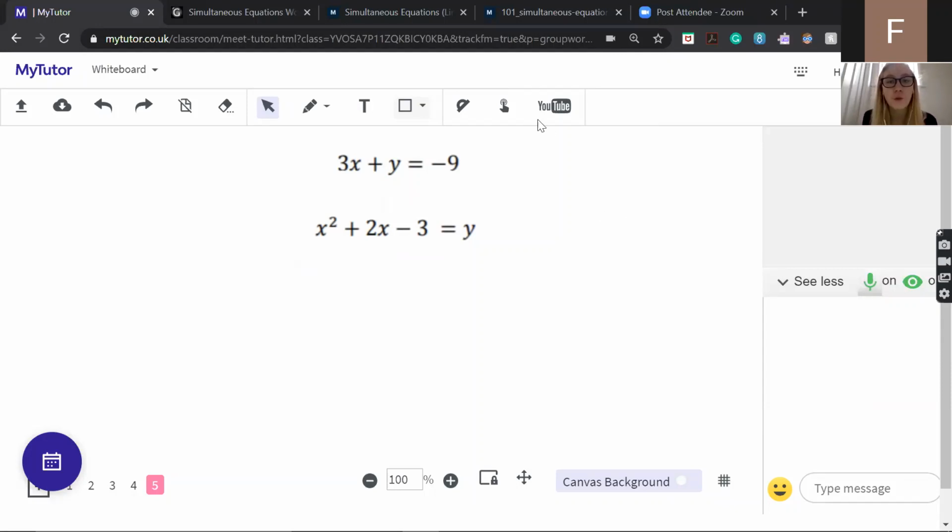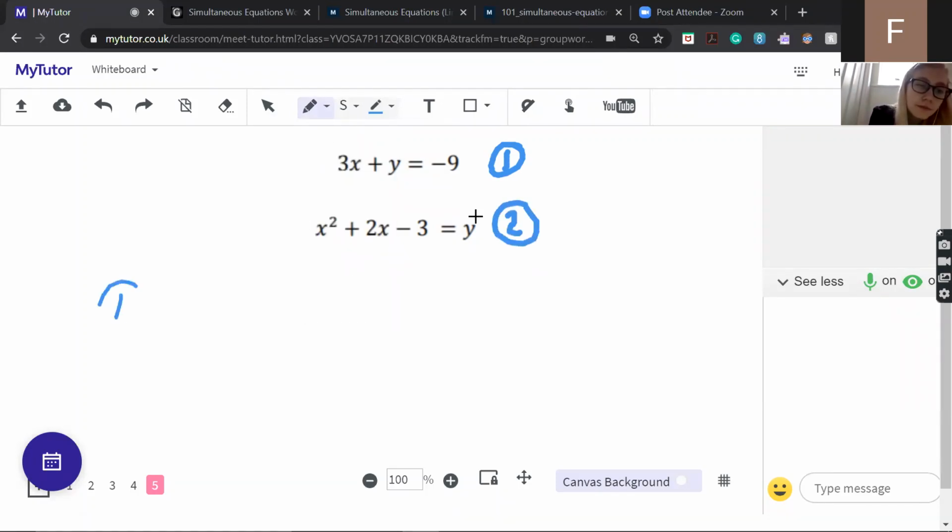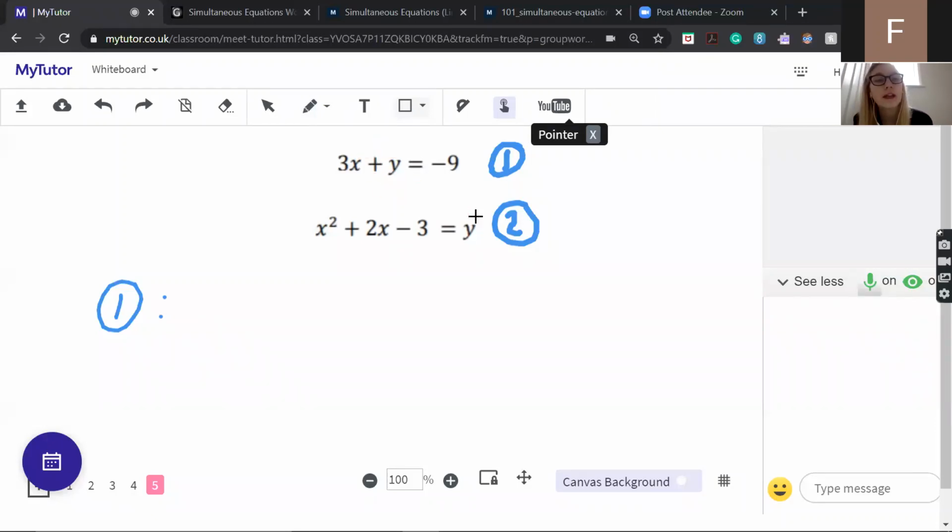So now we've got one where this one has a horrible x squared in it. Disgusting. What on earth are we supposed to do with this? Well, we're going to do something that I touched on before, substitution. So we know that this is equal to y. So why not in our first equation substitute in every time we see a y, we write x squared plus 2x minus 3.